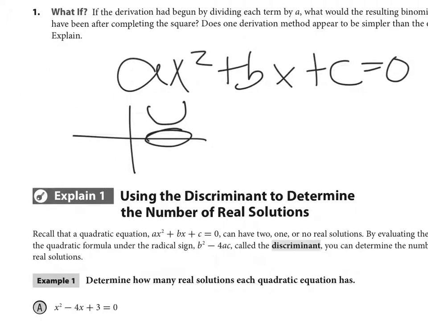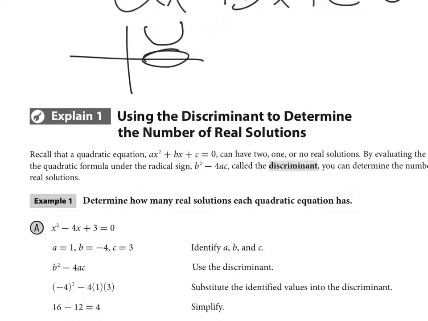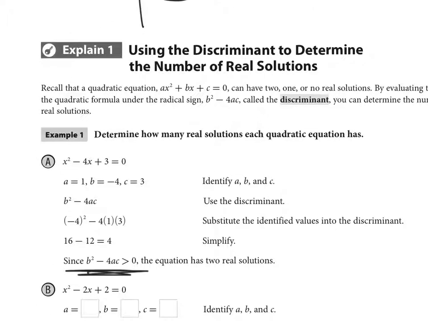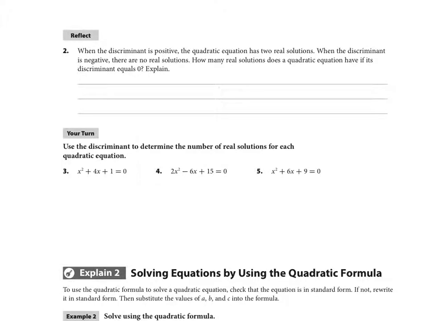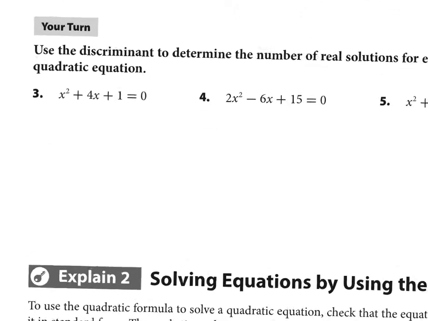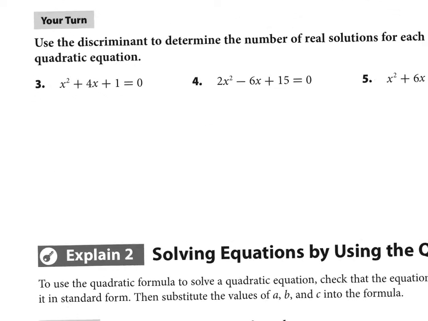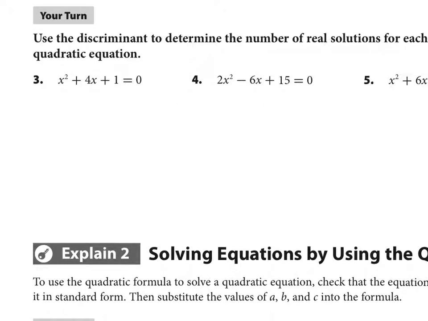So, in this particular lesson, we're going to learn first how to find the value of the discriminant, what it tells us about the types of solutions we have, and then how to solve using the quadratic formula. So first of all, we're going to do the discriminant portion. So in this case, I'm going to do problem number 4 of the your turn.